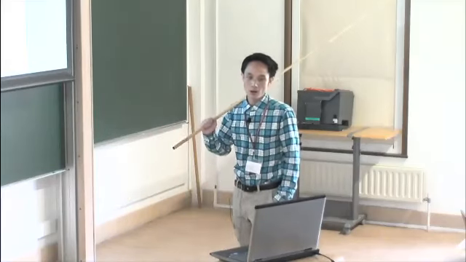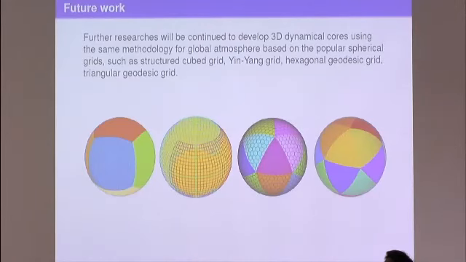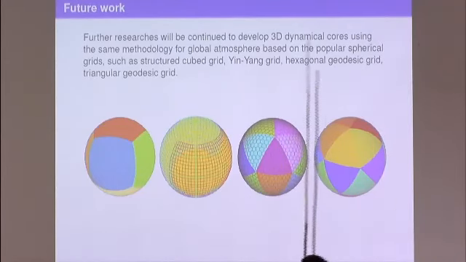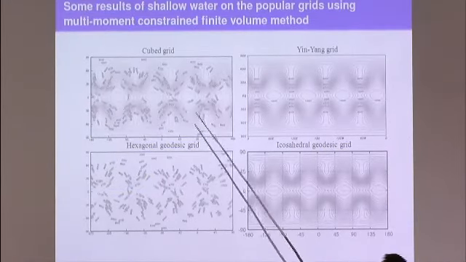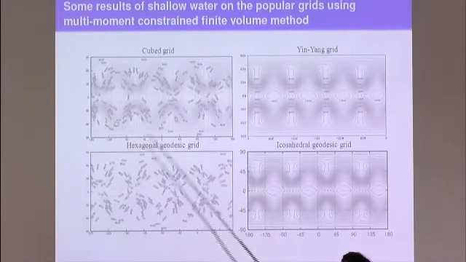Okay. In future, I will extend this work to a three-dimensional dynamical core, using some popular spherical grids like the cubed-sphere grid, Yin-Yang grid, orthogonal geodesic grid and triangular geodesic grid. In fact, this shows some simulation results of the barotropic wave over 4 degrees.